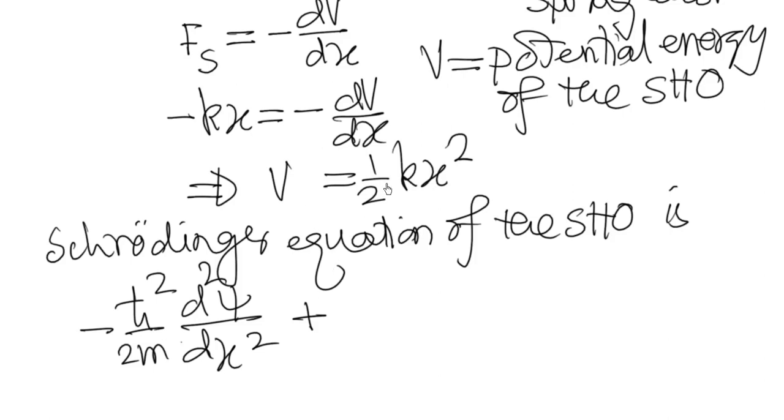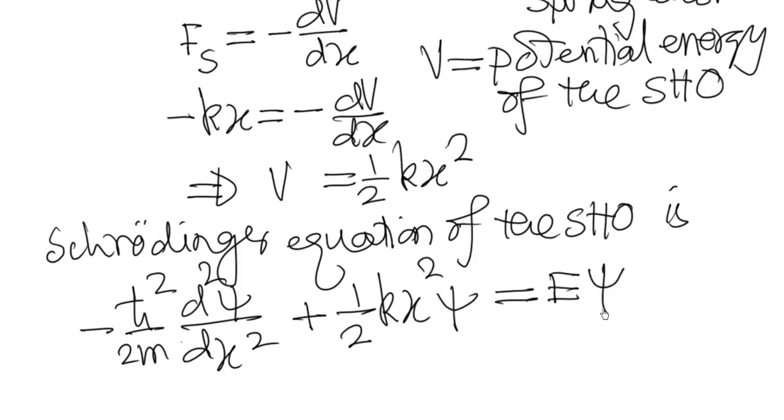And for V, we put this 1/2 kx squared psi equal to E psi, where E is the total energy of the simple harmonic oscillator.